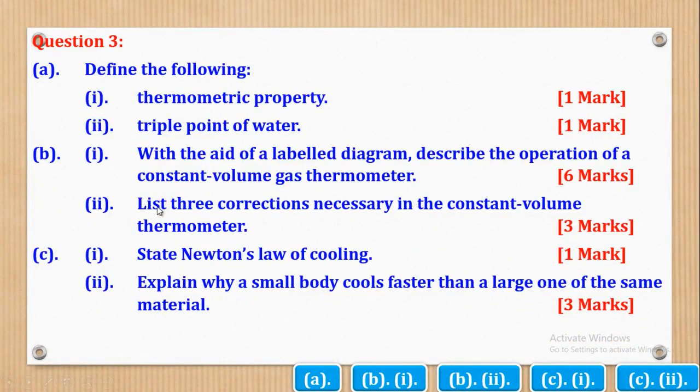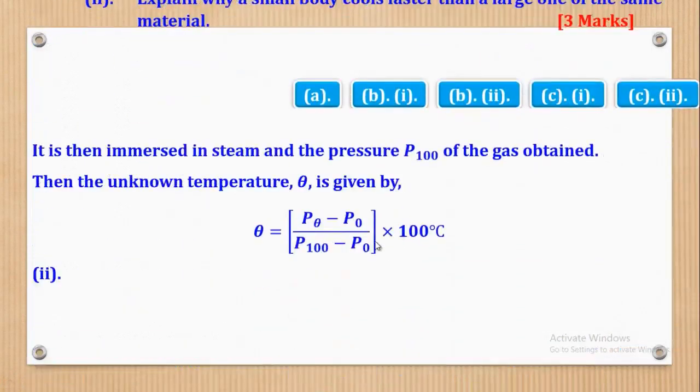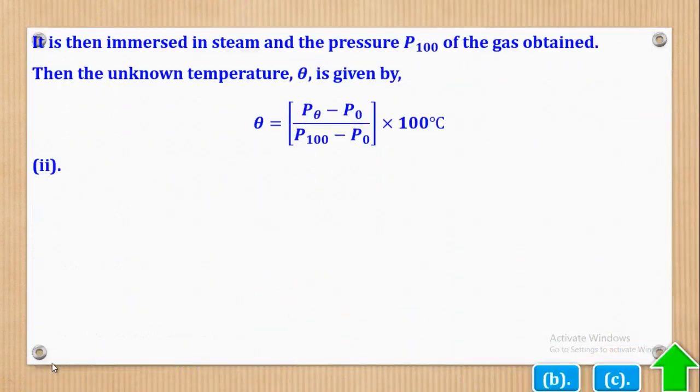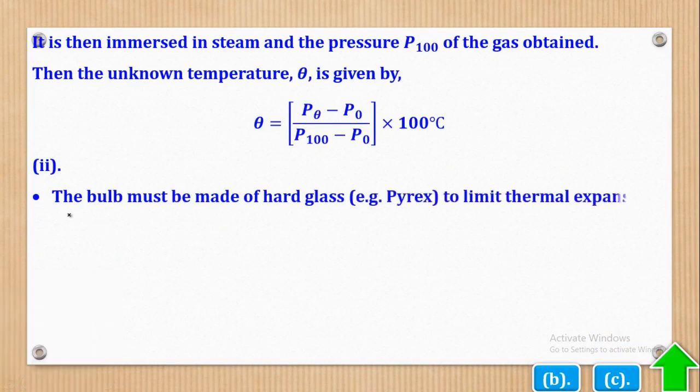Roman 2 says, list 3 corrections necessary in the constant volume gas thermometer. The first one is that the bulb must be made of hard glass to limit thermal expansion.